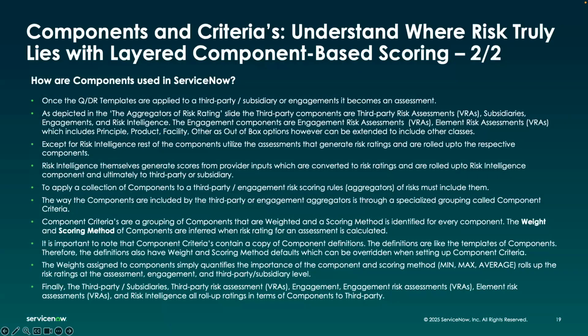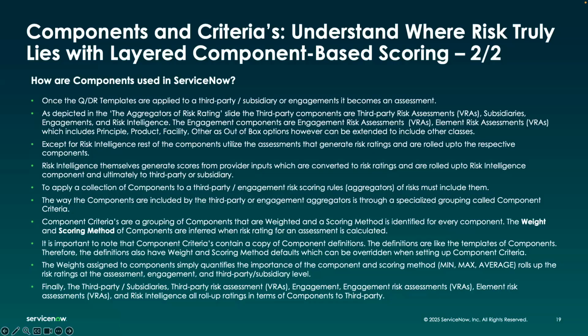Now that we understand what components are and how they represent the foundational elements of your third-party risk landscape, let's take a closer look at how they are actually used within the ServiceNow third-party risk management solution. Specifically, how their individual risk ratings are aggregated through component criteria.